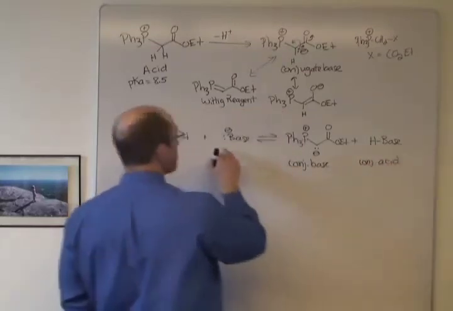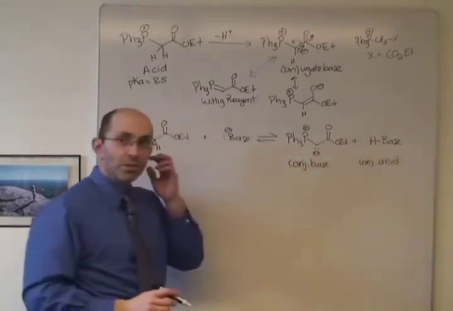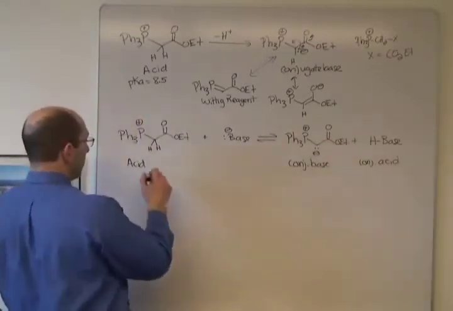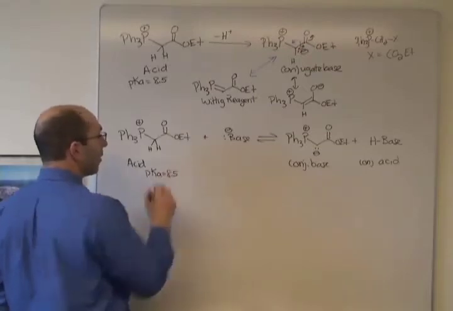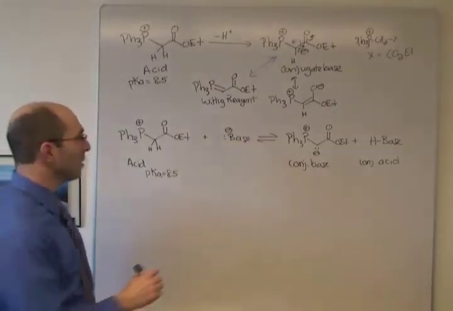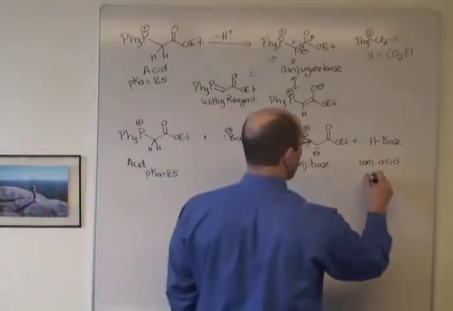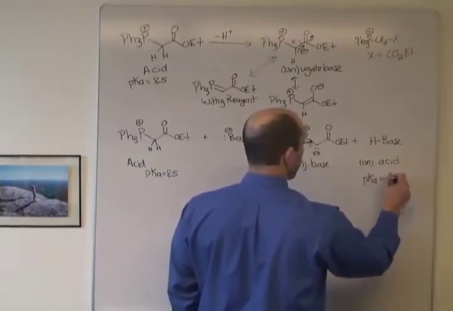All right, and our negatively charged base is going to give a neutral conjugate acid. Right? And we know that we have a pKa equal to 8.5 here. And now the key thing is that we need to find the pKa of a conjugate acid, right?